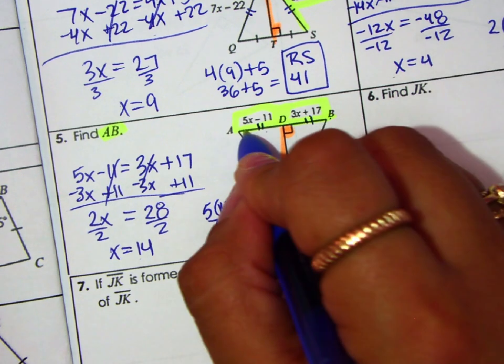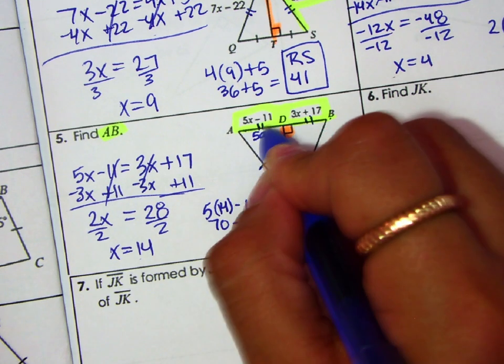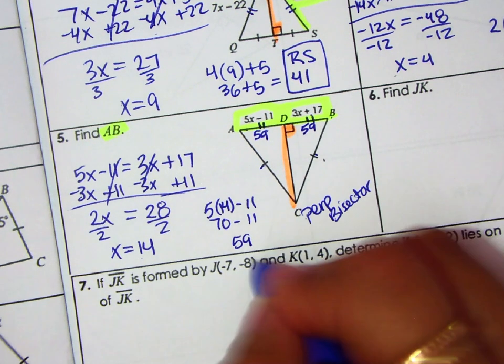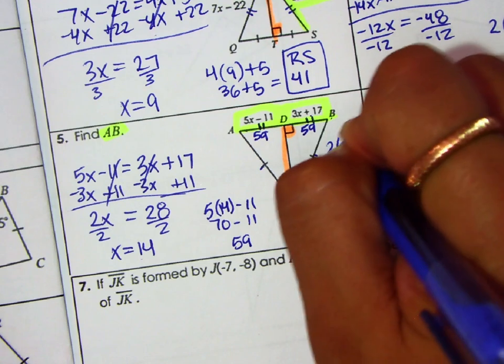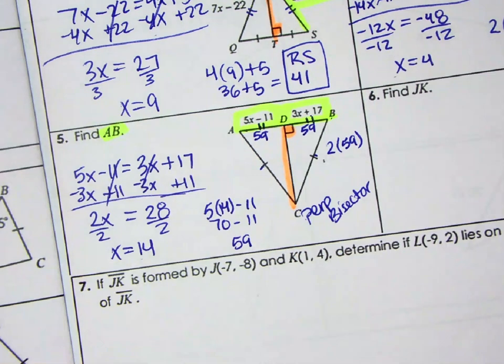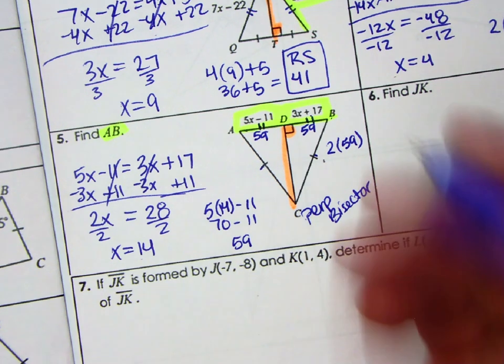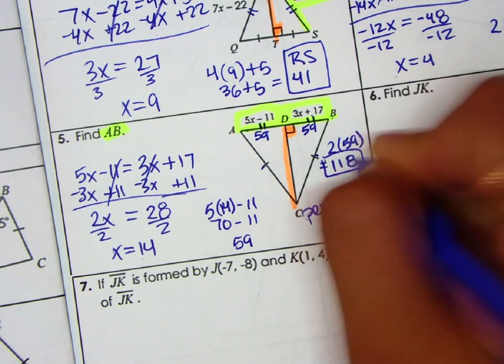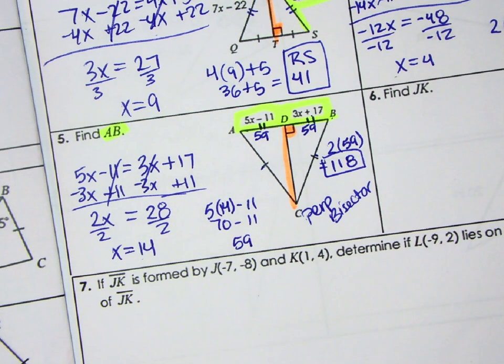So this side length is 59, and because it's equal, we're going to say 59 right there too. So we can just do 2 times 59, or 59 plus 59, and that results in 118. That is the measure for AB.